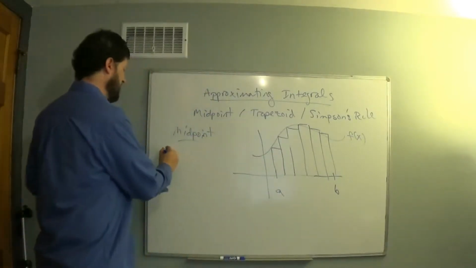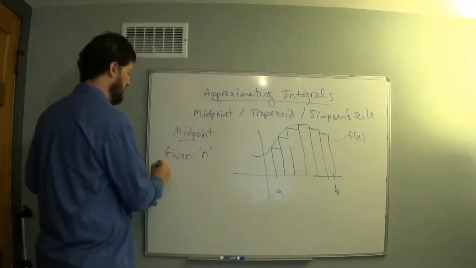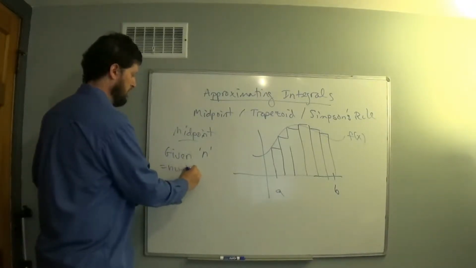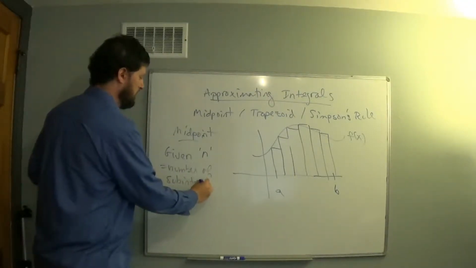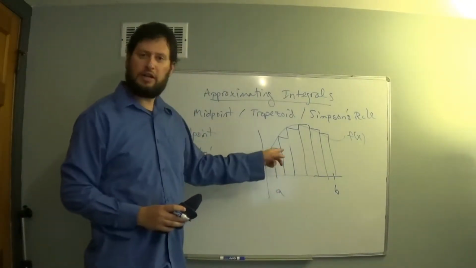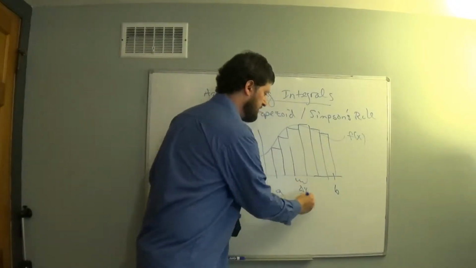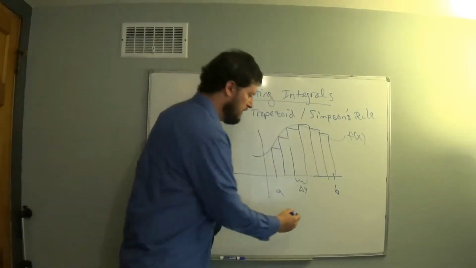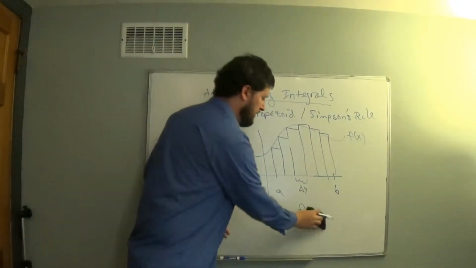So we're given n, the number of subintervals. In a Riemann sum, what we would do is take the area of each of these, which is the length here, delta x, and then multiply by the height, which is the function value. So we would have the function value at one of these points.